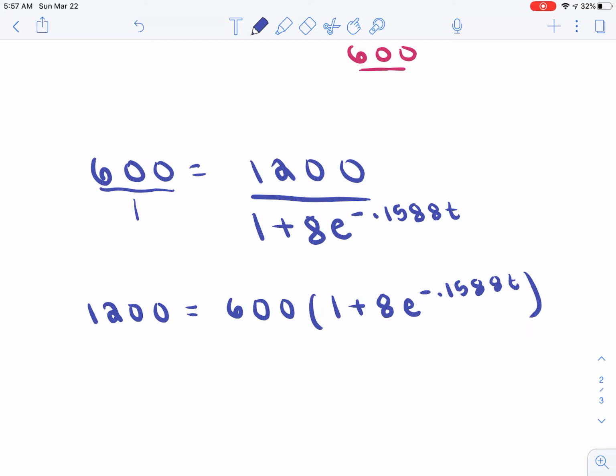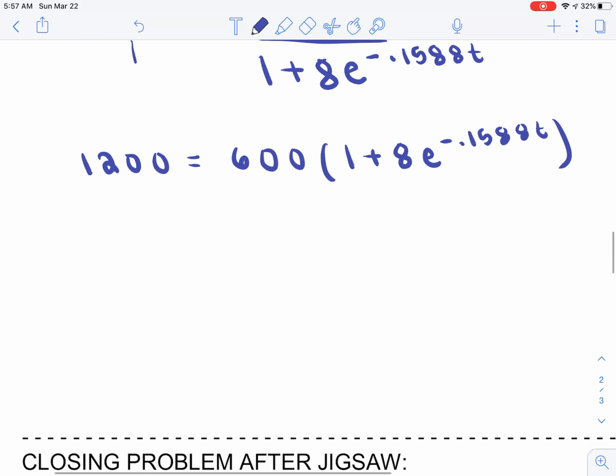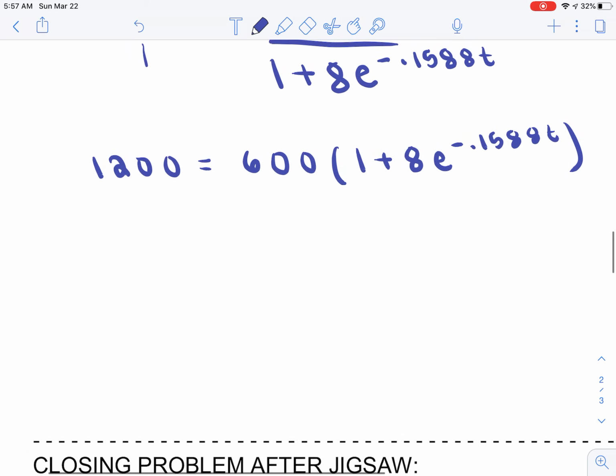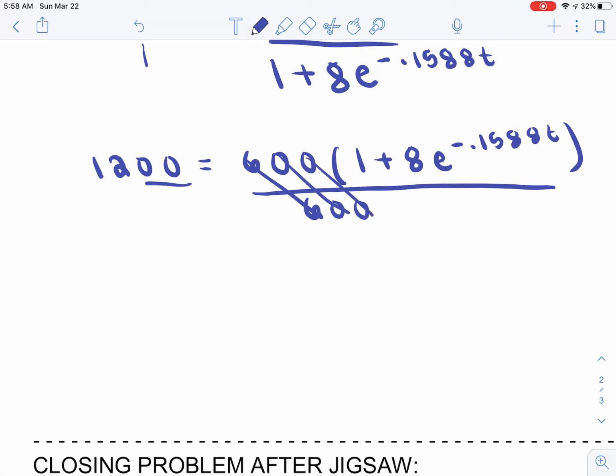Now, in earlier notes, we would use the calculator and find the intersection of the left-hand side and the right-hand side. However, you now know the algebraic way of solving for T without having to use your calculator's intersect feature. In order to do this problem, you could distribute the 600, but I believe that creates unnecessary work. I think it's better to divide that out first.